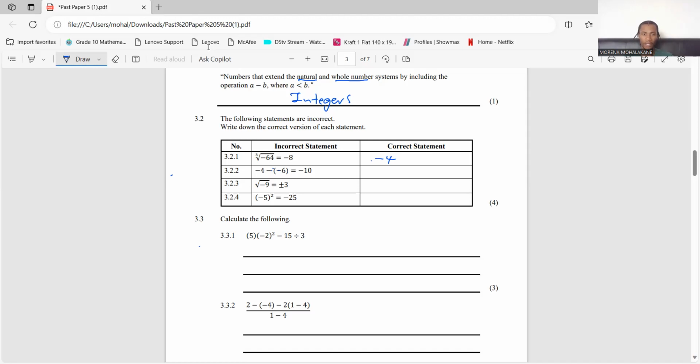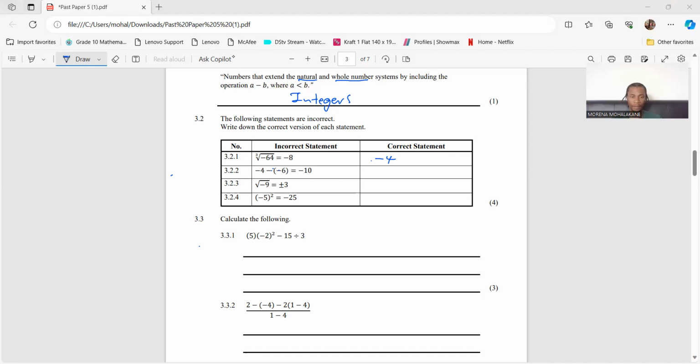And then I just want to highlight something here. Remember that if you're dealing with surds, for example, if I have this surd, the cube root of -27, this is going to give me -3. But the square root of a negative number is non-real.